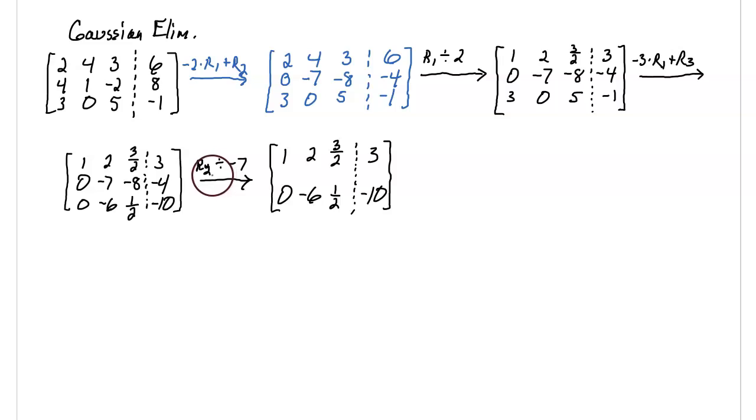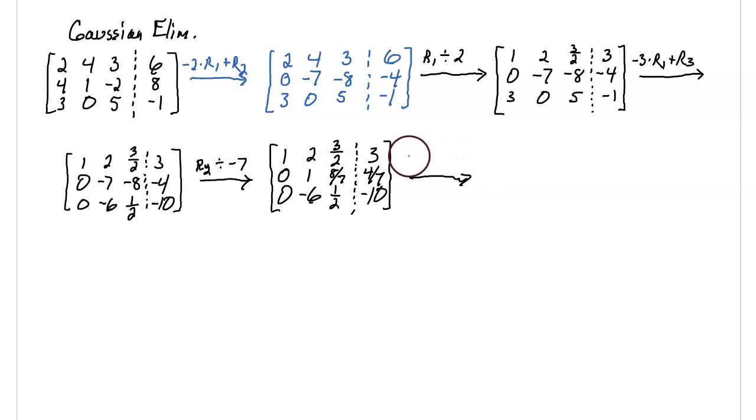When performing that operation, row 1 and row 3 will not change. 0 divided by -7 is still a 0. -7 divided by -7 is a 1. -8 divided by -7 is 8/7. -4 divided by -7 is 4/7. The reason I did that operation is because it created a 1 in this position.